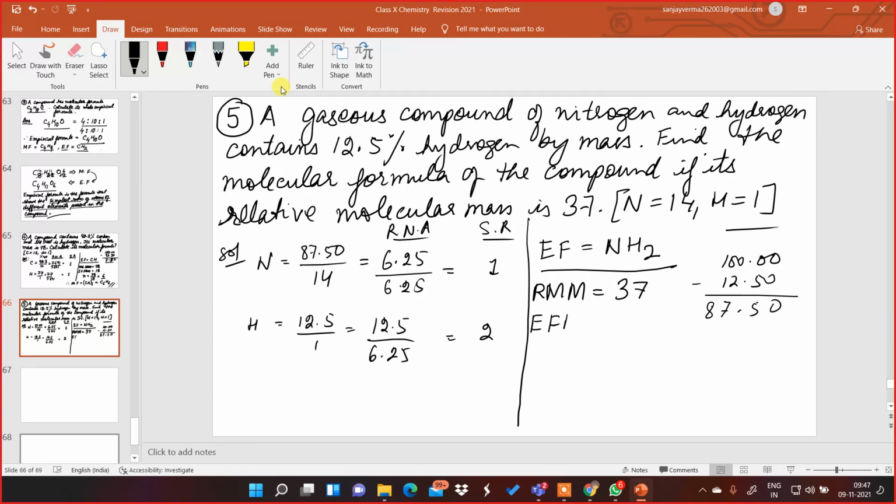We have to calculate it. Empirical formula mass is 14 plus 2, which is 16. So the empirical formula is NH2, and the empirical formula mass is 16.